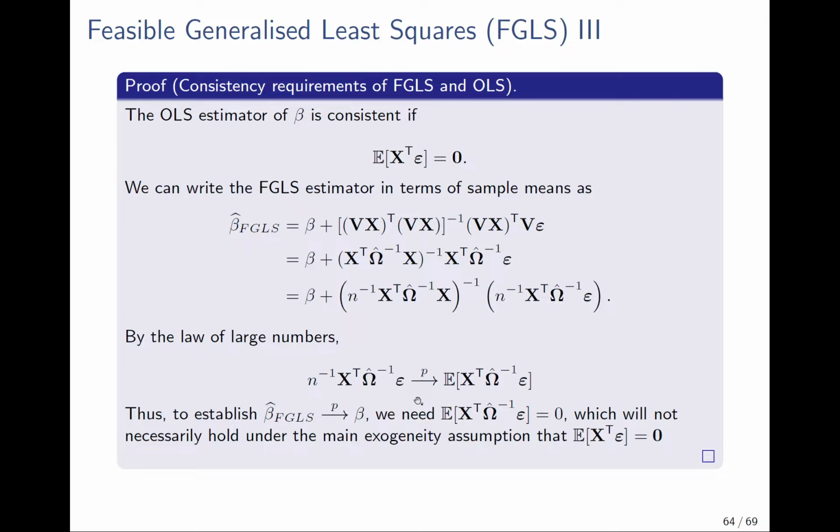The result is that for FGLS to be consistent, we need the expectation of x transpose omega hat inverse epsilon to be 0. And that is a different and stronger condition. It will not necessarily hold under the basic exogeneity assumption that x transpose epsilon has 0 expectation, because omega hat inverse reweights and mixes the observations. That's why, under weaker forms of exogeneity, OLS can remain consistent while FGLS does not.